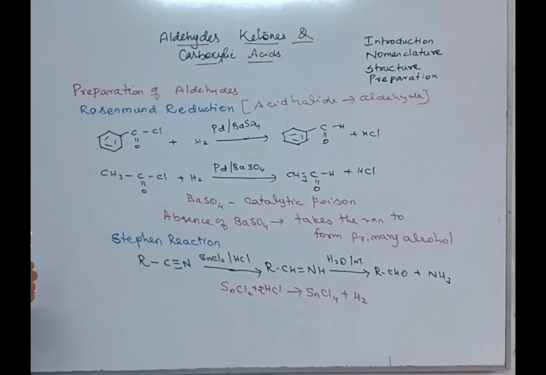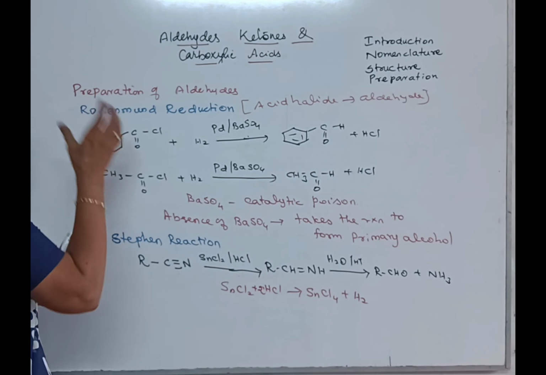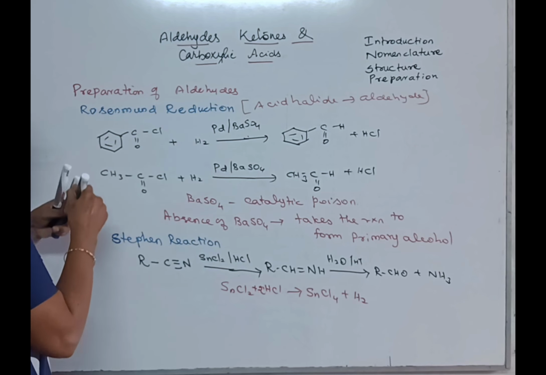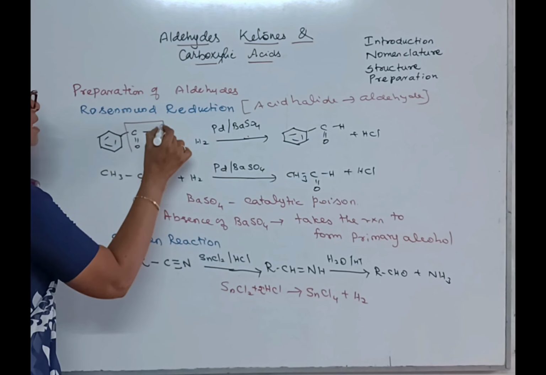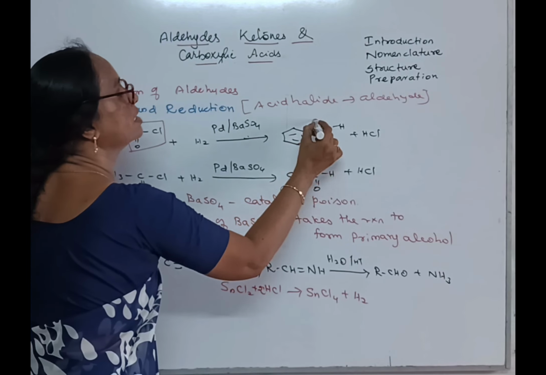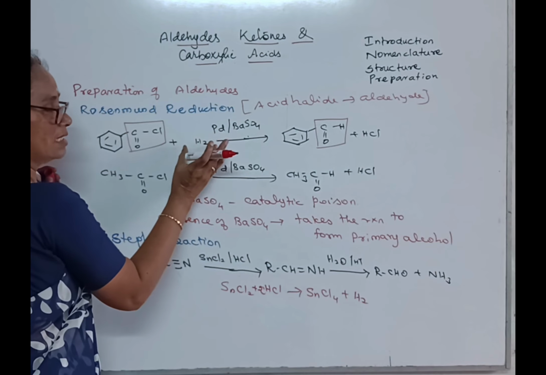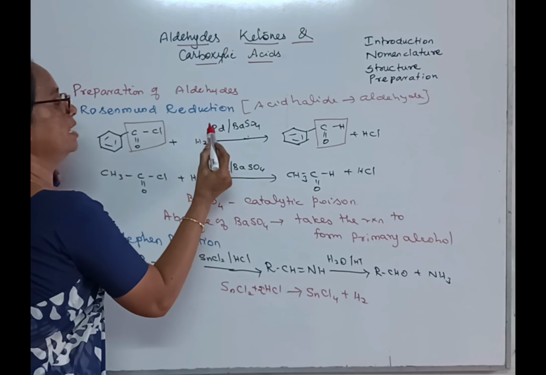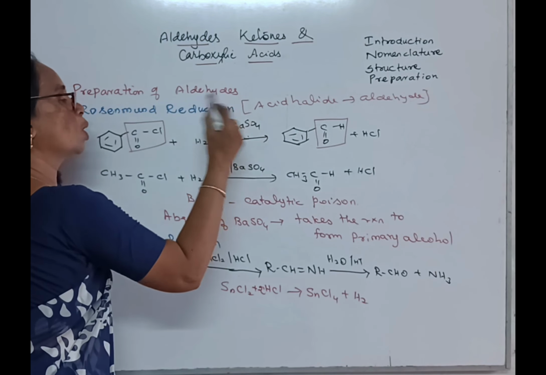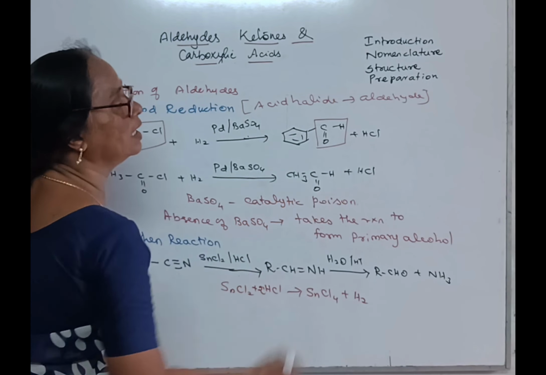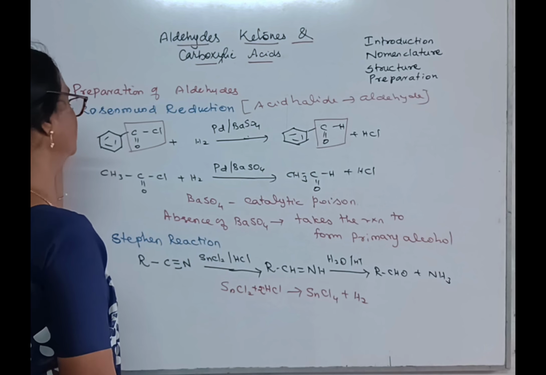If I have benzoyl chloride, it undergoes reduction where the COCl is converted into CHO. Here the acid chloride undergoes reduction with hydrogen in the presence of palladium coated with barium sulfate. There it forms the aldehyde and HCl.